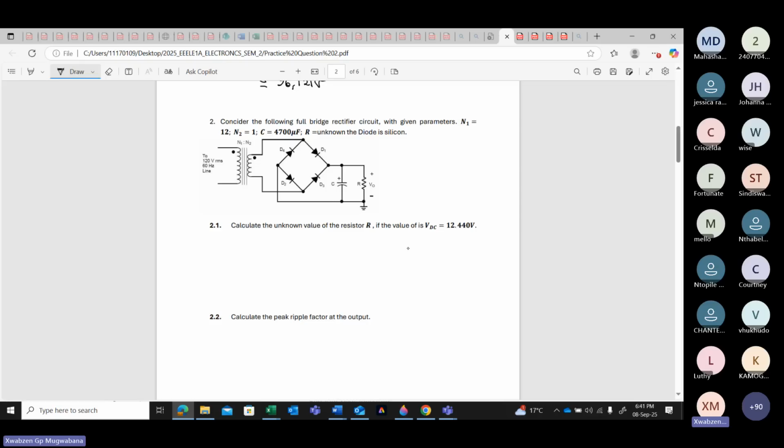Your value of VDC is given. It simply means that we have got 2 equations that we can use. Remember, both of the equations consist of the value of R. Now, let's look at this.